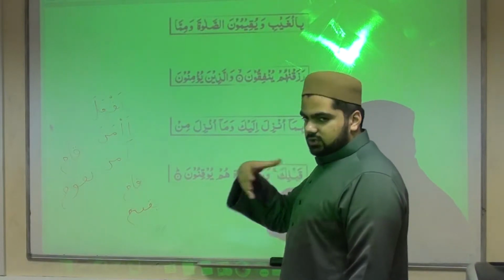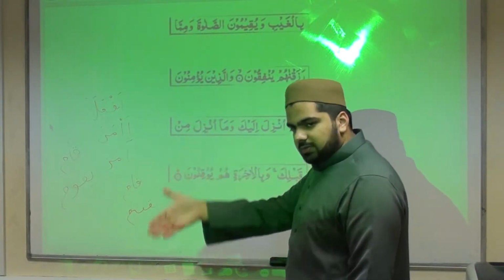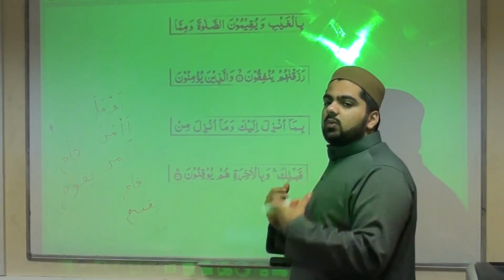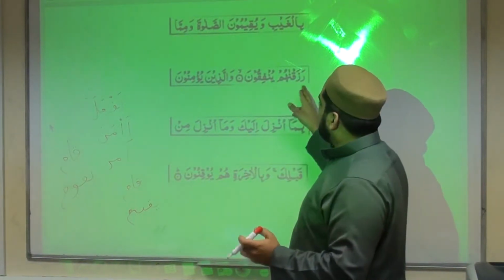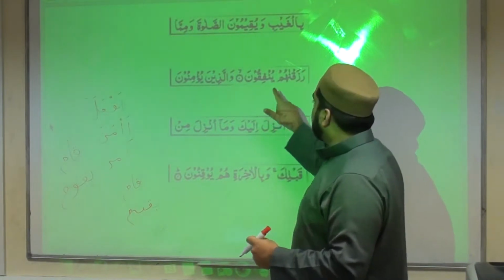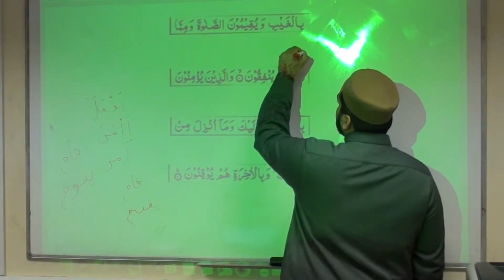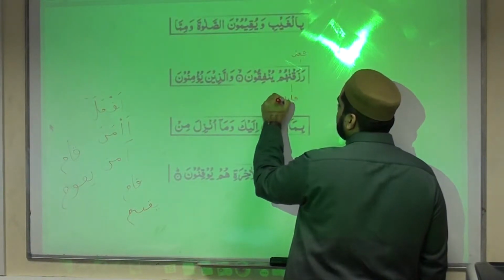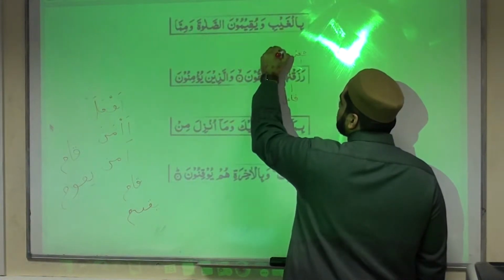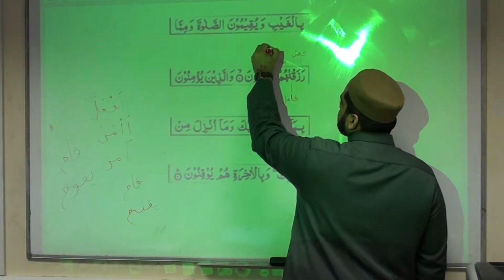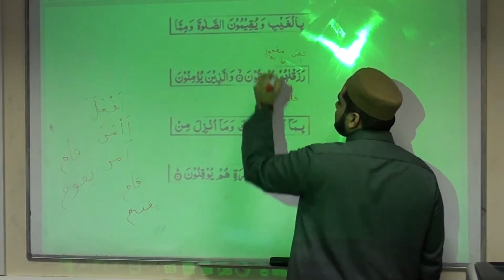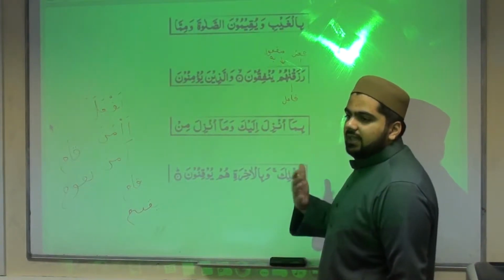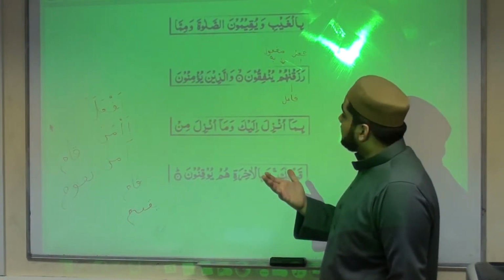Razaqa means to give, to bestow, to give sustenance. Yeah? Razaqna, we gave sustenance. Razaqnahum, we gave sustenance to them. So here we have the fi'l, that's the fa'il, meaning us, meaning Allah, and hum is the maf'ul. Razaqnahum, we sustained them, or we provided sustenance to them.